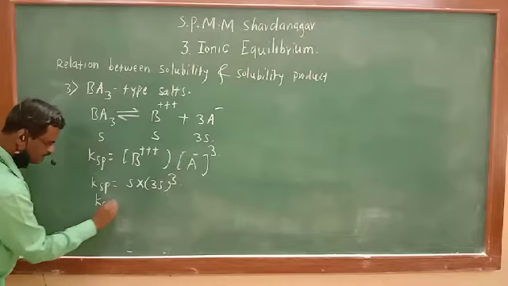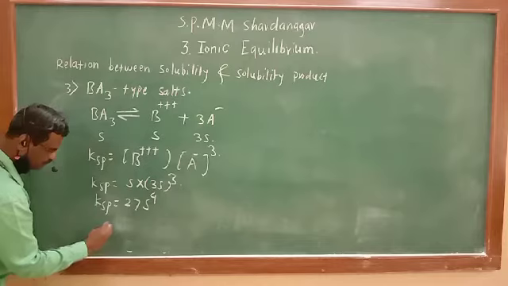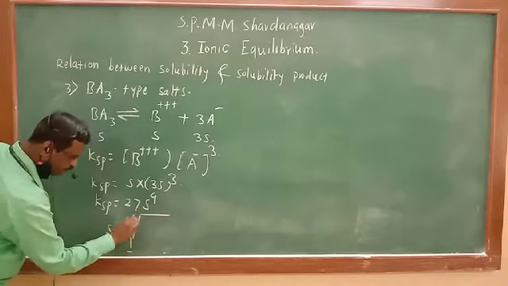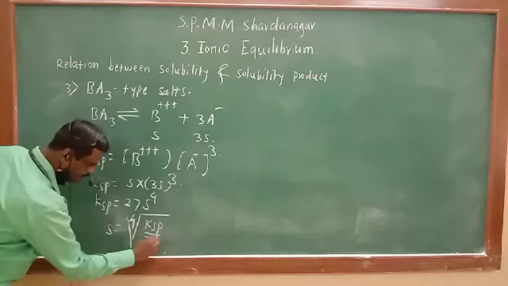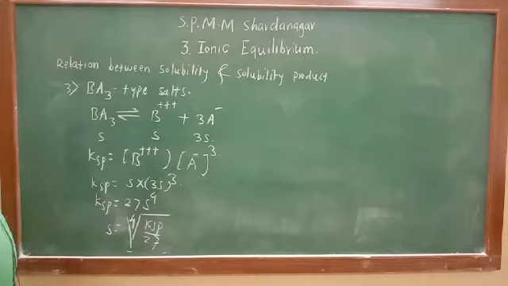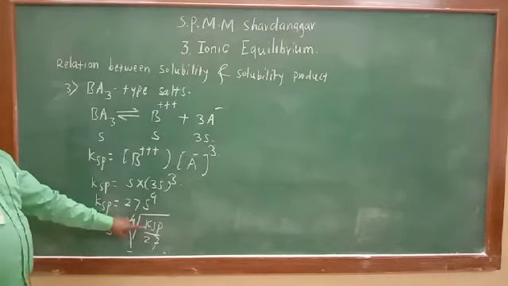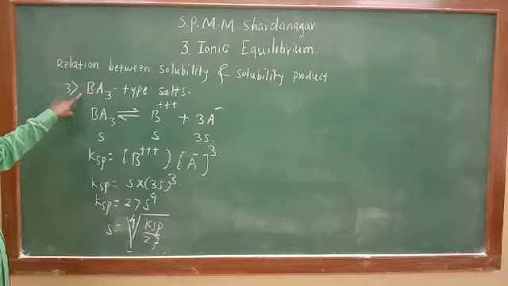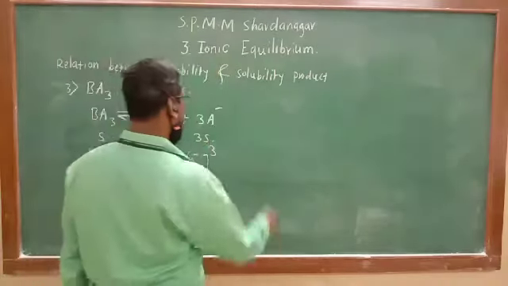Therefore, Ksp is equal to 27 S raised to 4, and finally S will be equal to 4th root of Ksp upon 27. This is the relation between solubility and solubility product constant of a salt of this type, BA3 type of salt. Now the fourth type of salt, BA4.